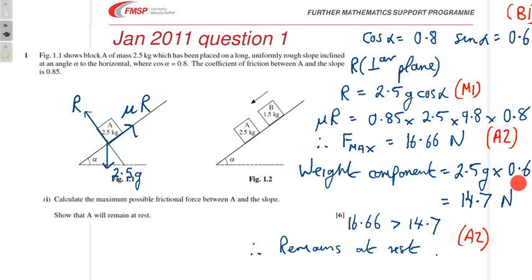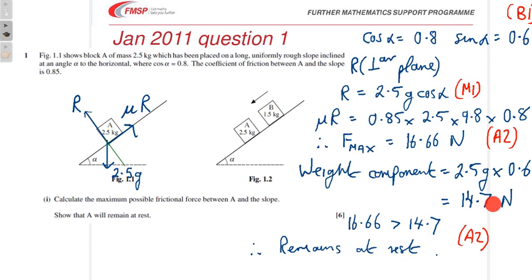2.5g times 0.6 then, because we know the sine of alpha, I should have called it. Because we know the cos of alpha, it's easy to find the sine of alpha. And because cos was 0.8, which is 4/5, sine is exactly 3/5 from a 3-4-5 triangle. So the weight component down the plane is mg sine alpha, which works out to be 2.5g times 0.6, 14.7 newtons.